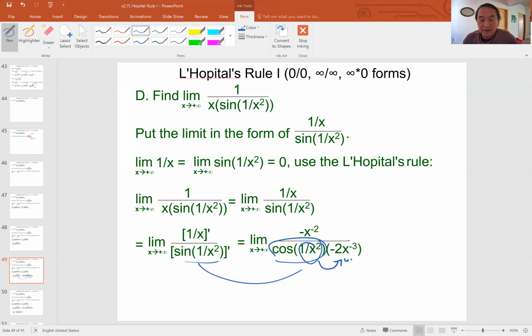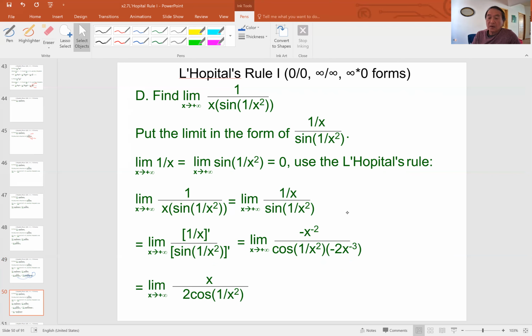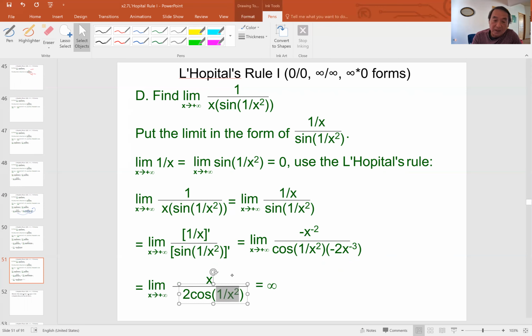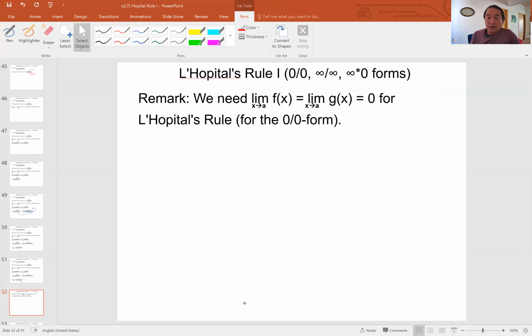And here's the trick: this minus 1/3 will flip up and cancel with the x powers on top, and leave you 1 copy of x. Now you can plug in infinity, and that's going to be infinity. Why? Because the inside part goes to 0, the cosine of 0 is 1, 2 times 1 is 2. x keeps getting bigger, so this goes to infinity.